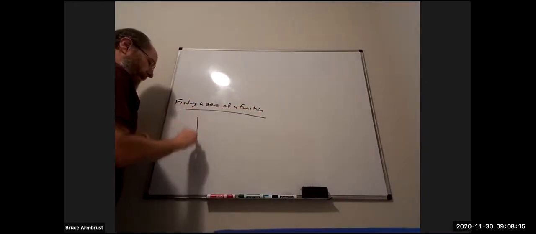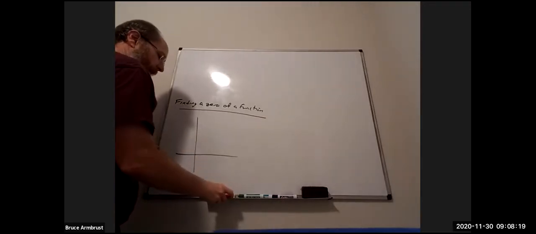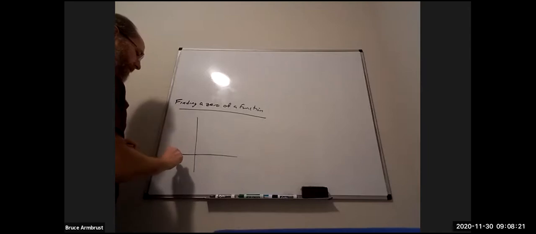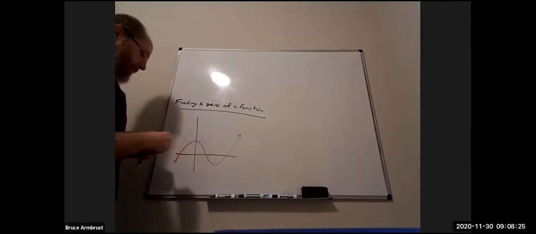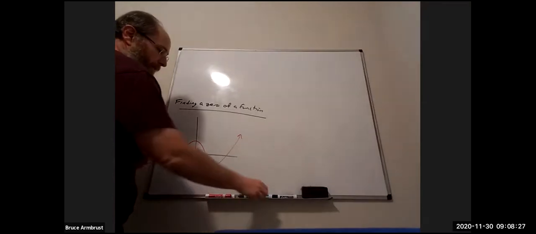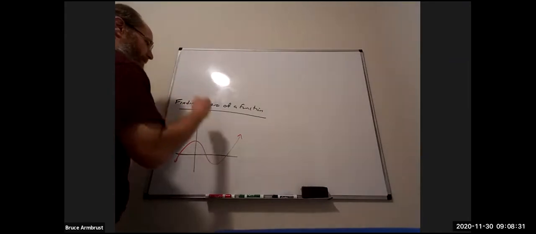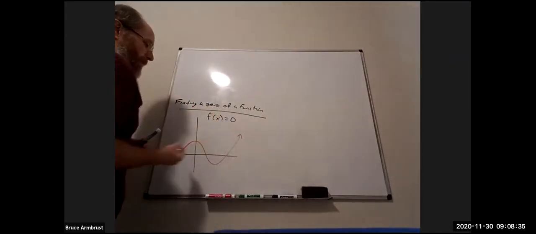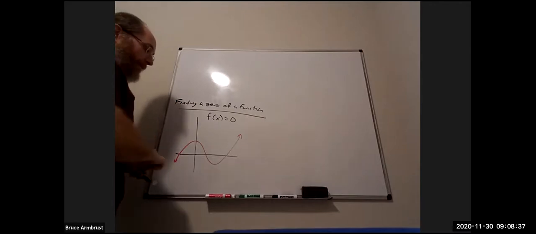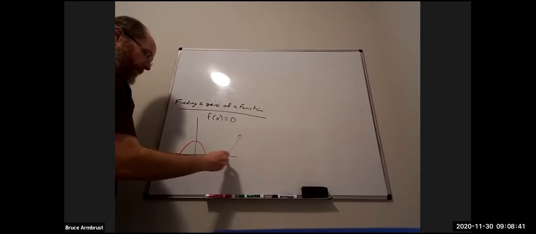So this was back in the good old days when we had some sort of a function that did whatever. Let's say we got a polynomial that does something like this. The zeros of this function are places where f of x equals 0. And on a graph, that means x-intercepts.